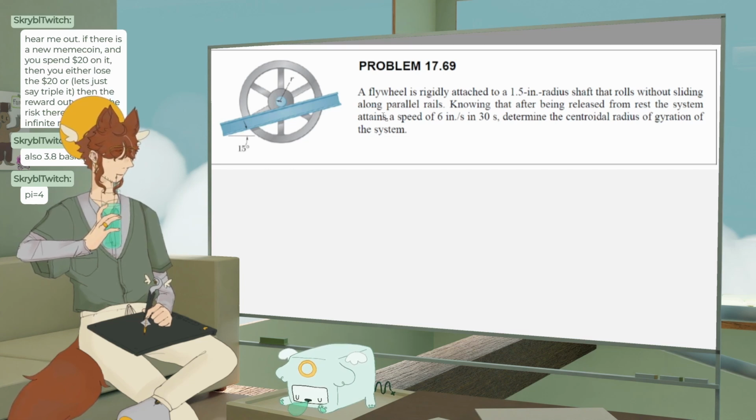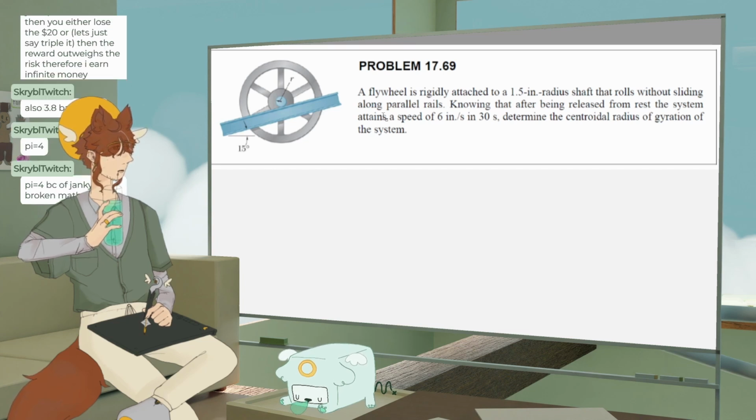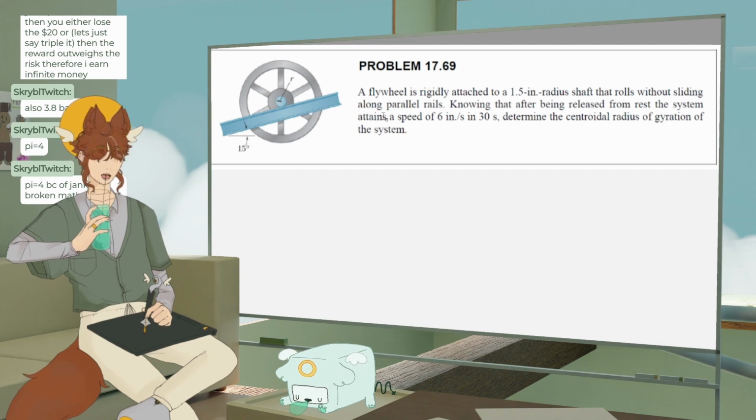Pi equals 3, pi equals 4. Basically the same thing, you know? You literally just go, oh well, it's close enough. It's close enough to 3. So, you know, 12 divided by 3 is 4. So just 4 diameter square. Pi equals 4 because of janky broken maths, true.